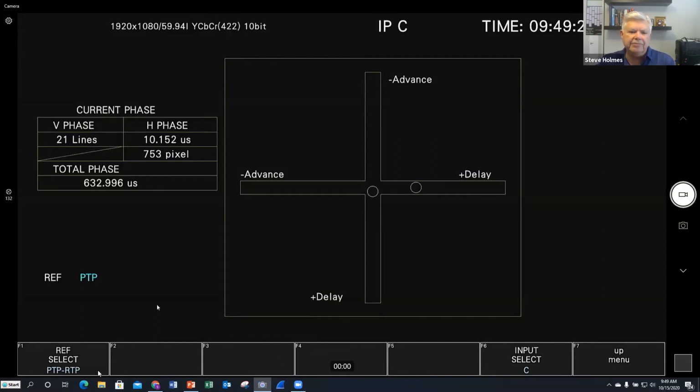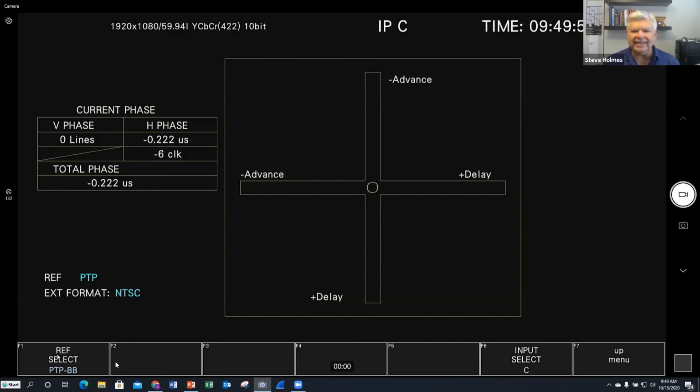So my RTP timestamps, which are the timestamps of the IP packets in the start frame, is exactly where it should be. If I go in and change this to look at PTP to black burst, and there it is at 0 by virtually 0, and they are perfectly locked with each other. So my black burst to my PTP are absolutely locked.